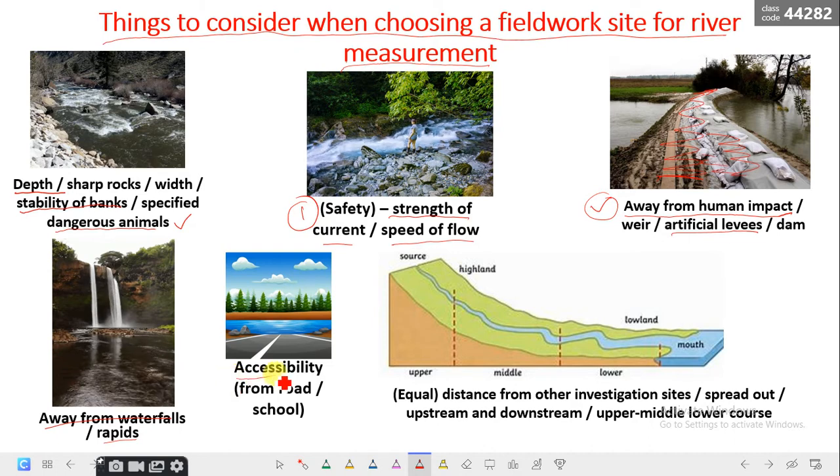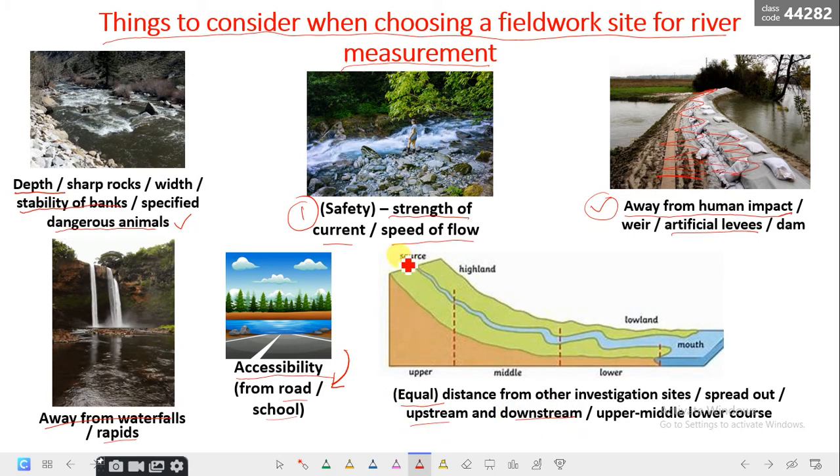Accessibility is very important. It should be accessible by road and accessible to the school, so that immediately after your data collection, it will be easy for you to transport yourself back to school and analyze your data. Also, for river fieldwork, the investigation should be done at equal distances within the upstream and downstream region.